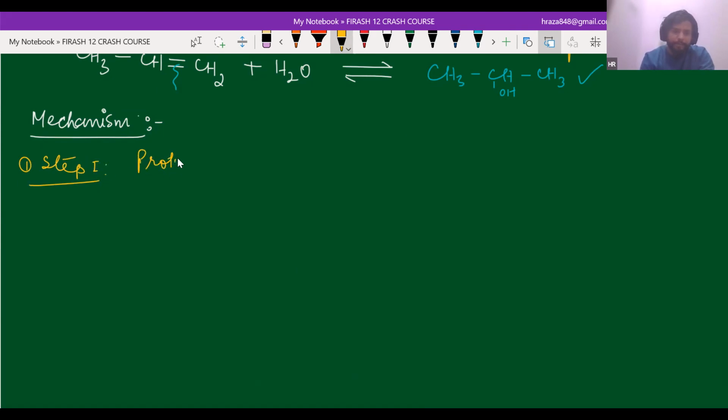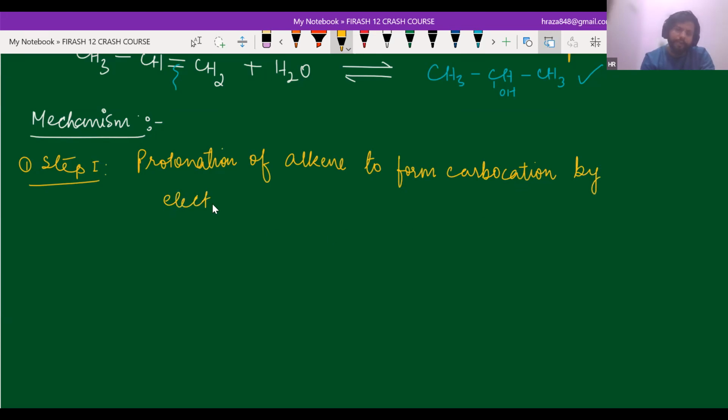Protonation of alkene to form carbocation by electrophilic attack of H3O positive.